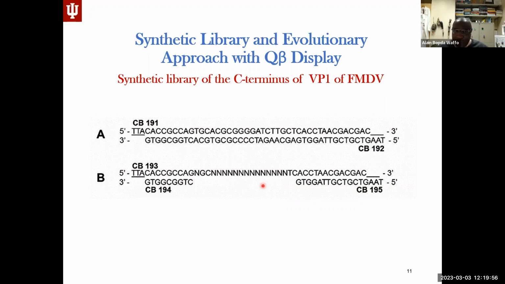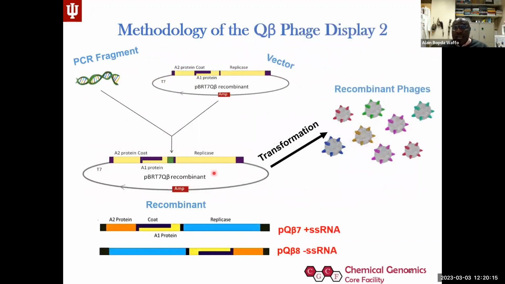So I have the wild type epitope like this in A, and then I synthesized a library. In the library, which was about 1 million, I have the portion in the middle that represents nucleotides. I just have a combination to make my artificial library. This library was inserted into the entire sequence of my phage.